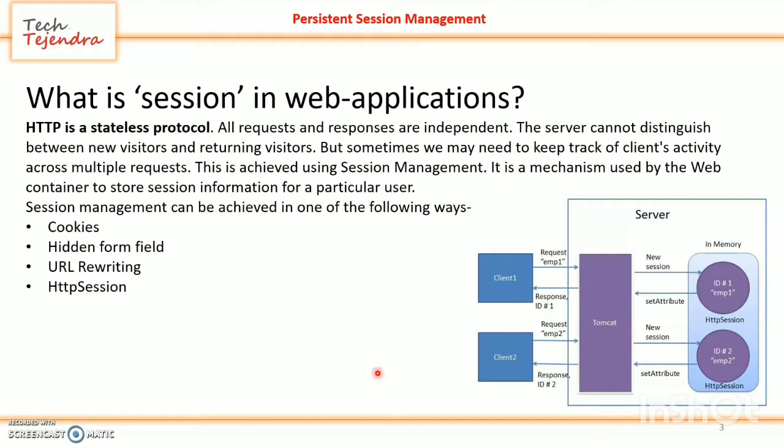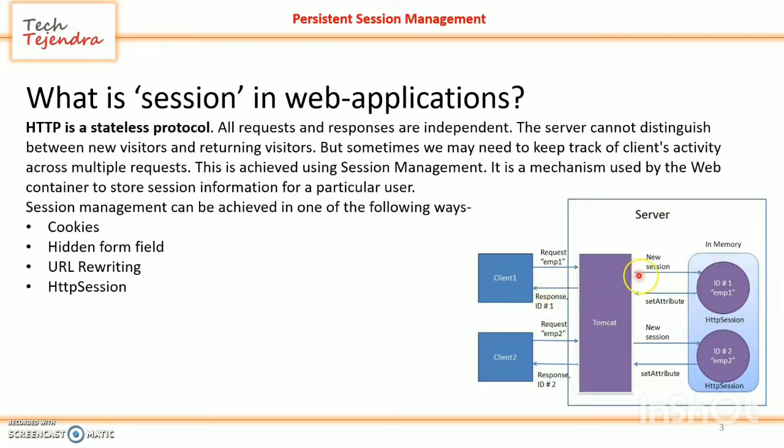In HTTP session, we store session data inside the server itself. In this example, Tomcat is the web application server, and whatever session information there is will be stored inside the Tomcat server memory. You can see client 1 is sending a request to the server.